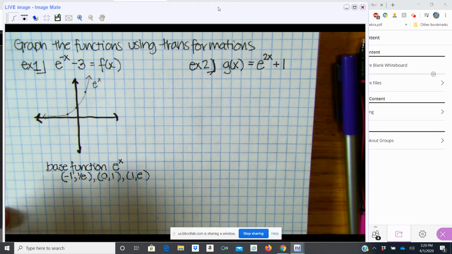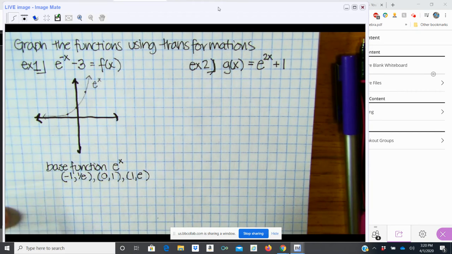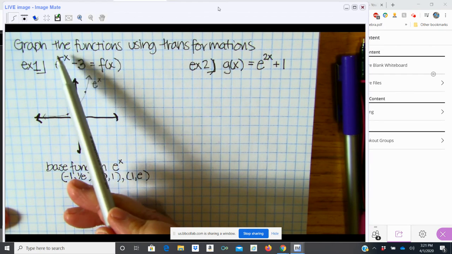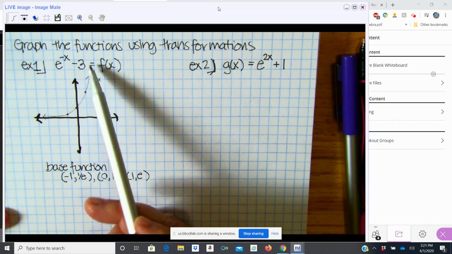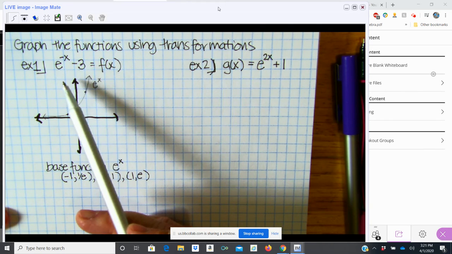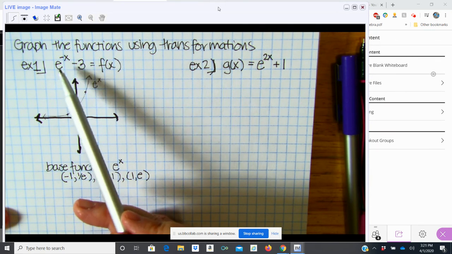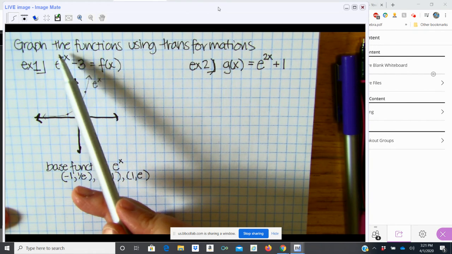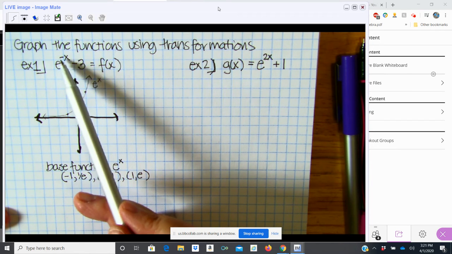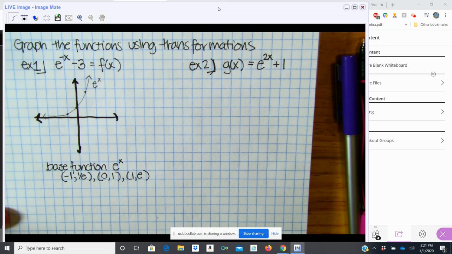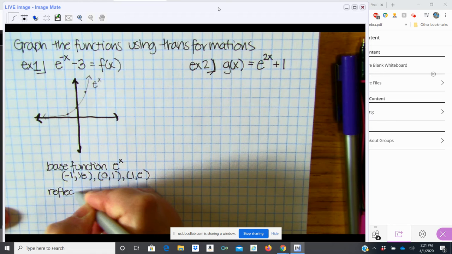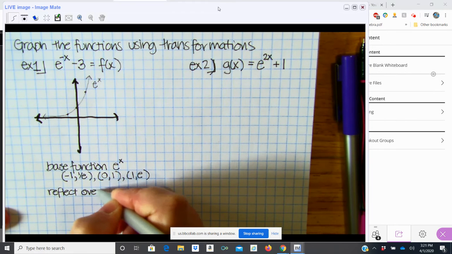Now, using our transformations, we need to decide what is that negative going to do and what is that -3 going to do. One at a time, working from the function out. So the first thing we want to do is decide what is that negative going to do. Okay, so we're going to need to reflect over the y.